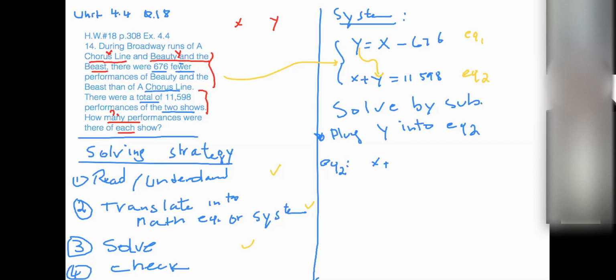We're going to write x plus x minus 676. So that's basically the y. And the rest of the equation remains the same, 11,598. Again, this is the y. We're solving the y from here.